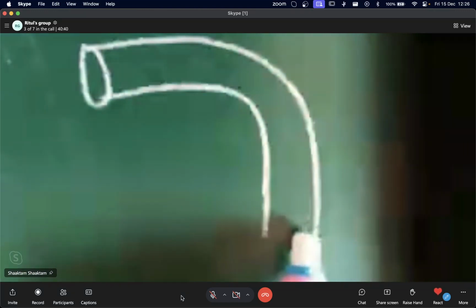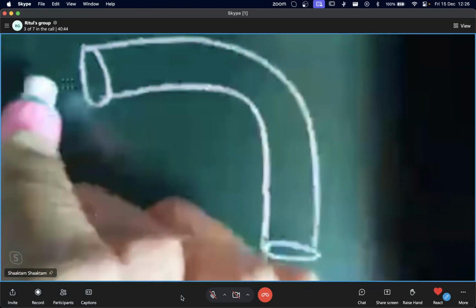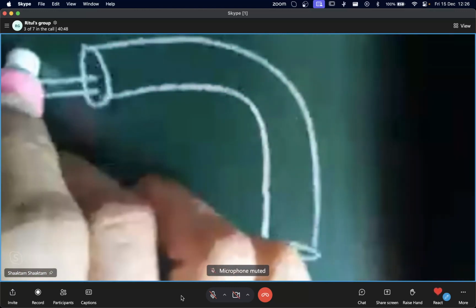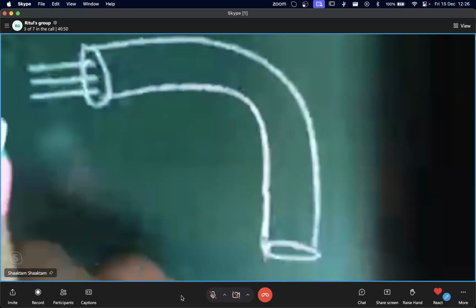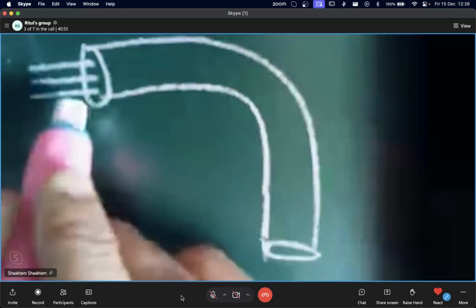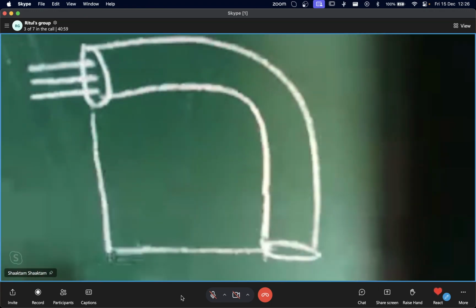Water flows in it, with different levels. It's a horizontal one, mind you, as shown.